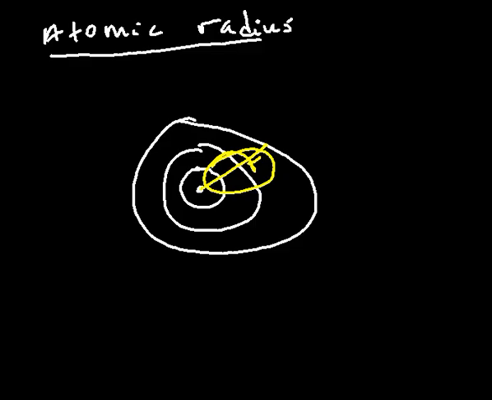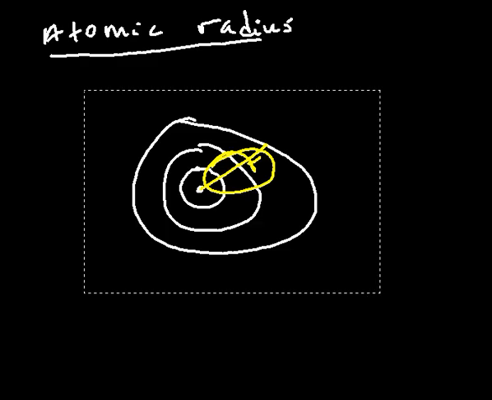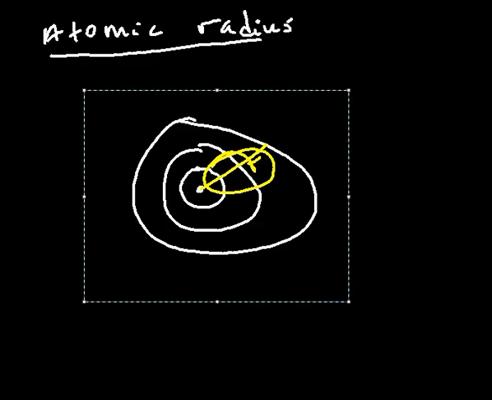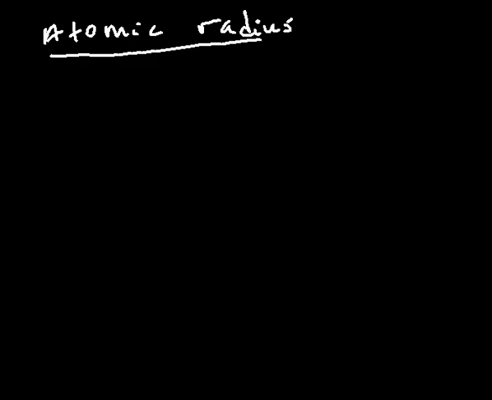You should understand that atomic radius increases with an increase in the number of shells, and atomic radius is also affected by the ZeF. Across the period on the periodic table, from left to right, the number of shells remains the same since we are in the same period.